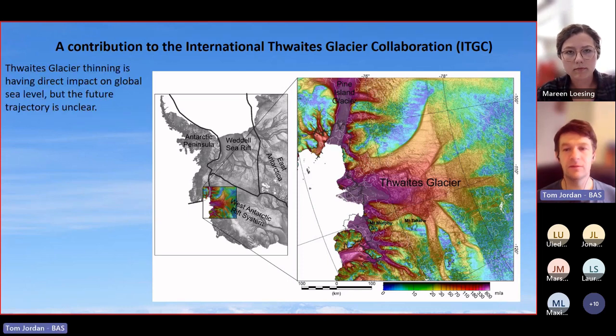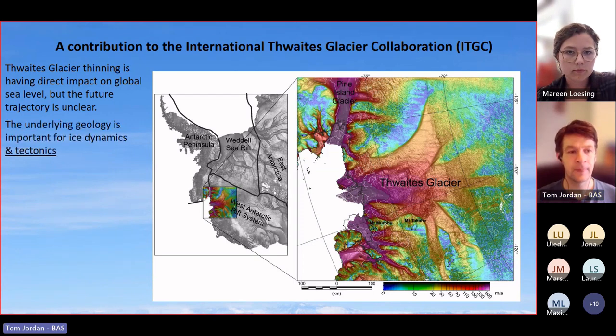But why was Thwaites really important? It's thinning and having a direct impact on global sea level now, but the future trajectory of the glacier is unclear. The underlying geology is really important for the ice dynamics, but also for understanding the tectonics of this region.